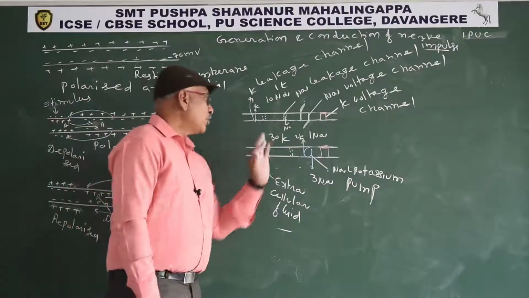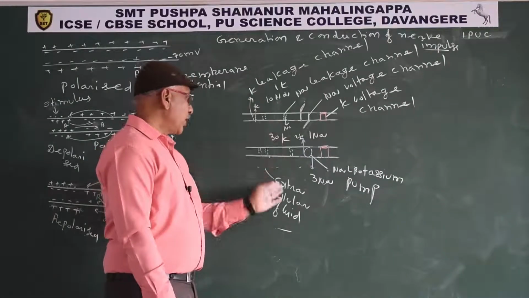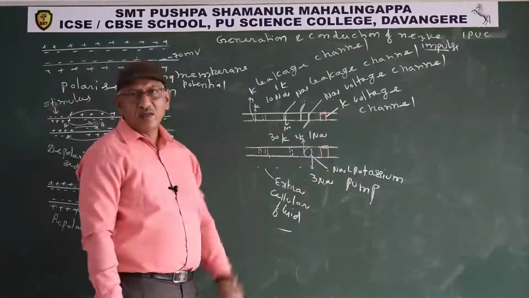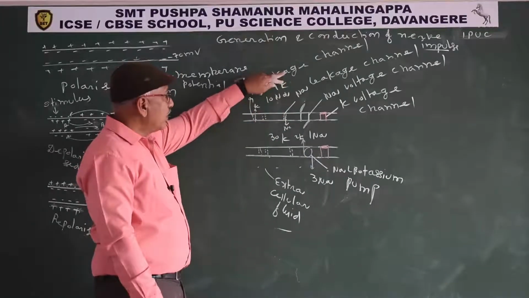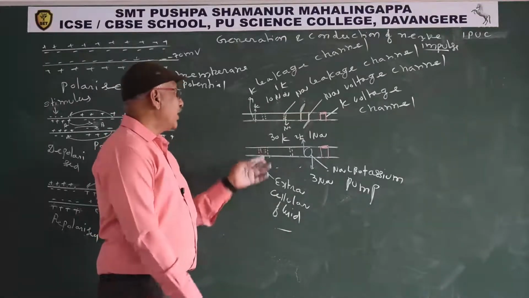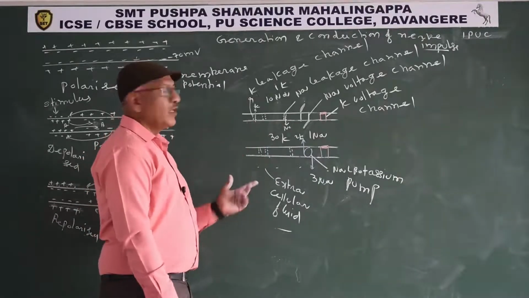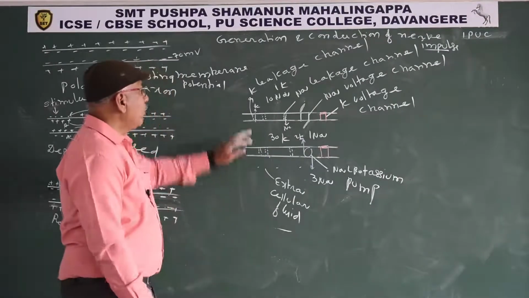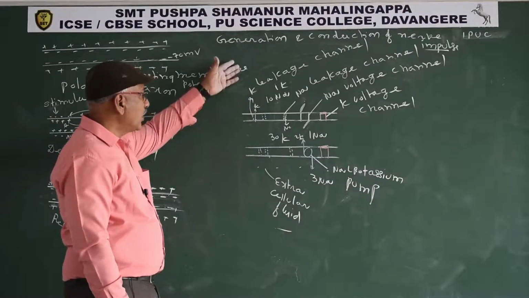Once again, the concentration of potassium is 30 times more in the axoplasm when compared to the extracellular fluid. Extracellular fluid means the fluid present outside the axon. The concentration of sodium is 10 times more in the extracellular fluid when compared to the axoplasm. The axolemma contains leakage channels, sodium leakage channel and potassium leakage channel, and voltage gated channels. Through the potassium leakage channel, potassium always goes outside.